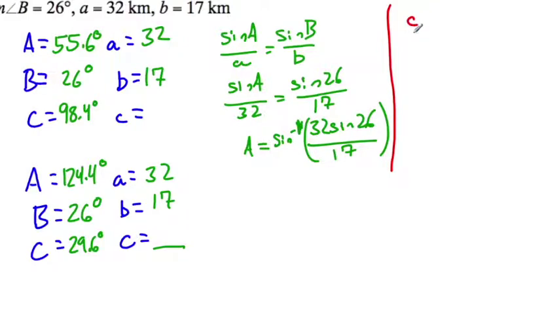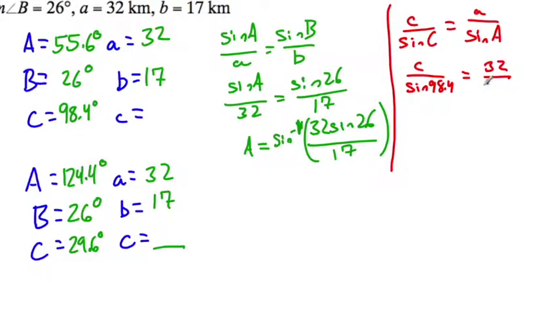So first off, I have C over sine of C, and I can do either one. I could do A over sine of A or B over sine of B. So here I'll do C over sine of 98.4 equals 32 over sine of 55.6. So we say, all right, C is equal to 32 times the sine of 98.4 over sine of 55.6.